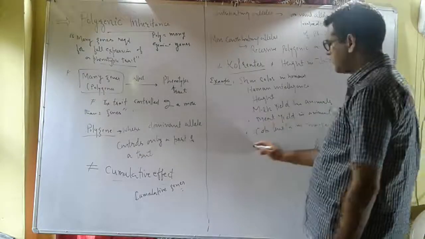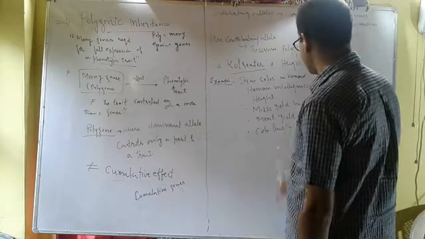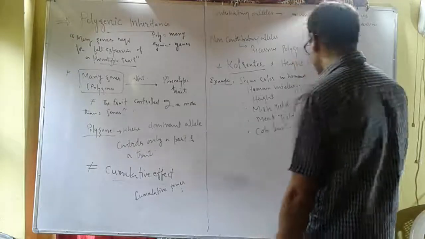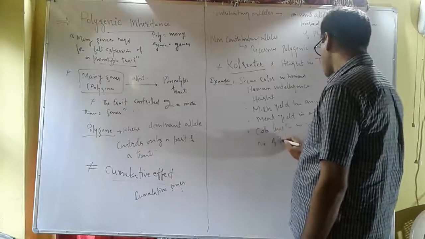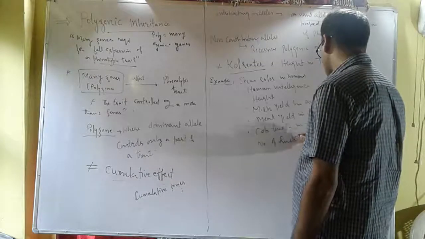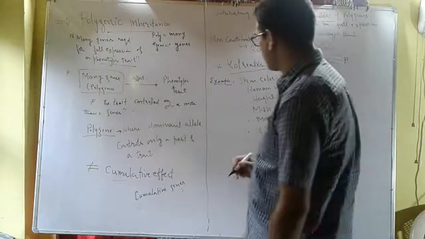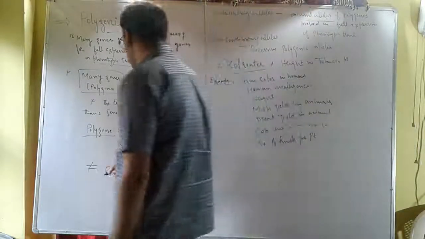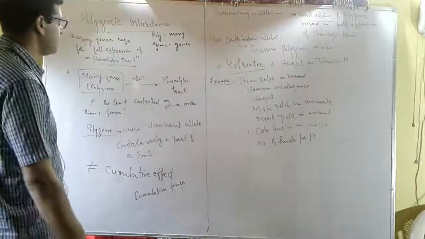We have the number of fruits per plant. These are simply examples of polygenic traits.